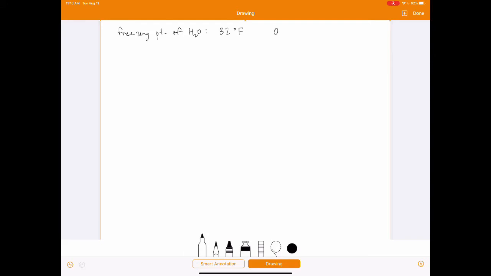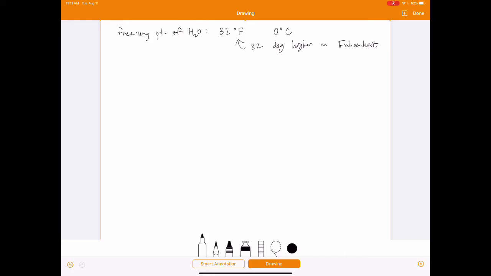But if we were using the Celsius scale, that would be at 0 degrees. Okay, so in other words, it's 32 degrees higher in the Fahrenheit scale. So we have to add 32 degrees to whatever we have in Celsius to get Fahrenheit, okay?